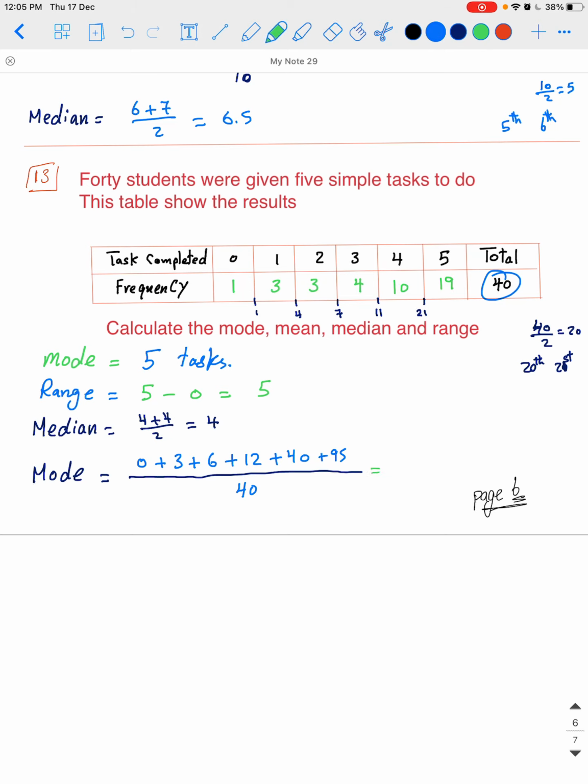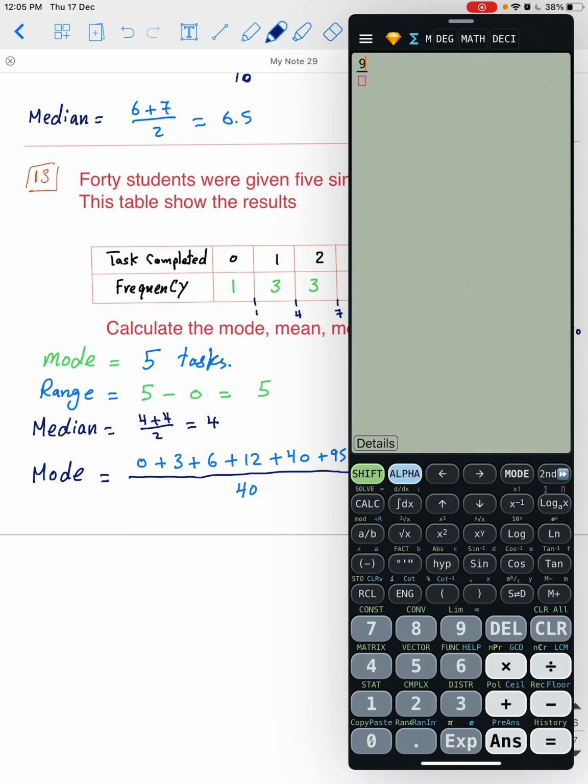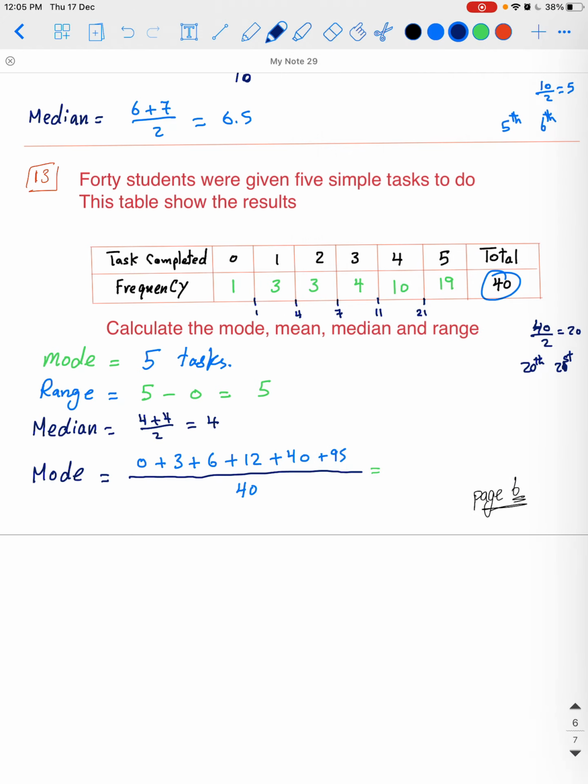So 95 plus 40 plus 12 plus 6 plus 3 divided by 40, you will get 3.9. Sorry, this is not the mode, this is the mean.